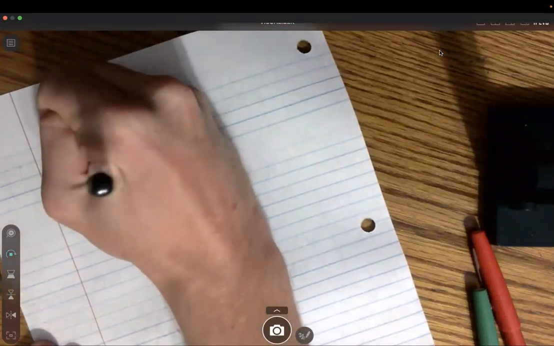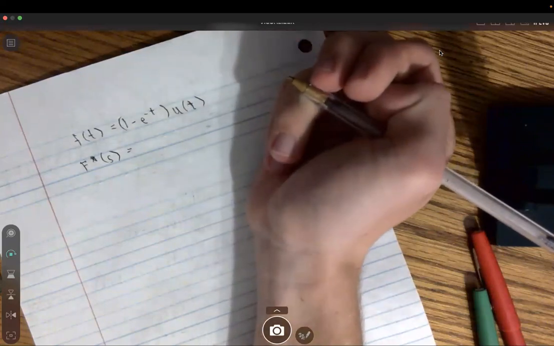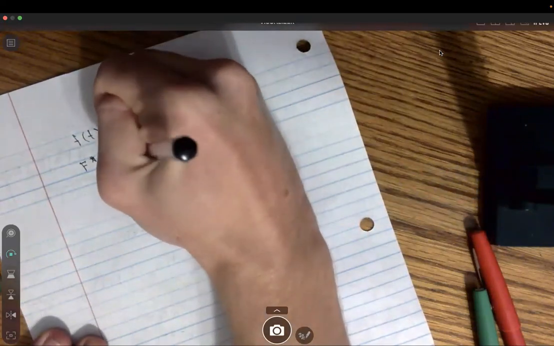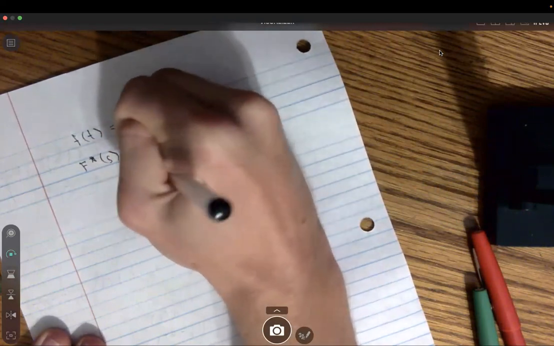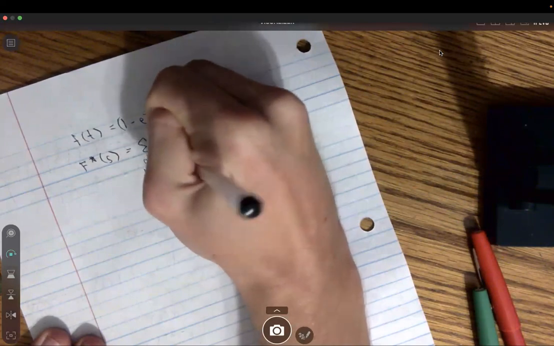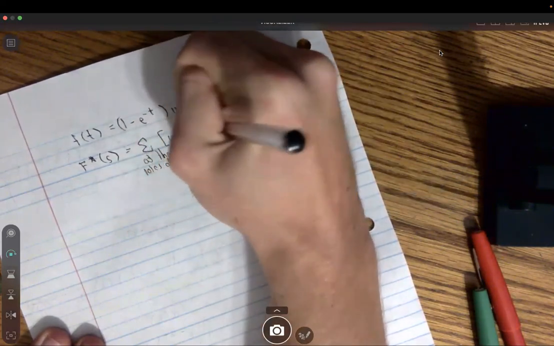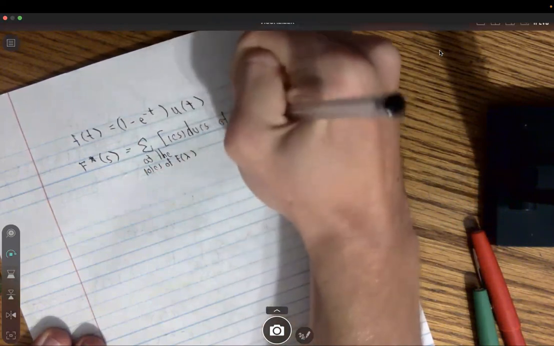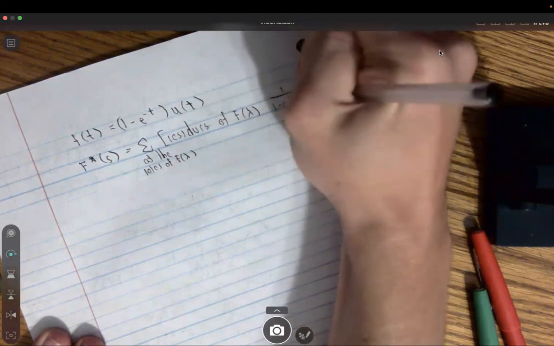It was f star of s is going to be equal to the summation at the poles of the residues of f lambda, and then 1 over 1 minus e to negative t s minus lambda.